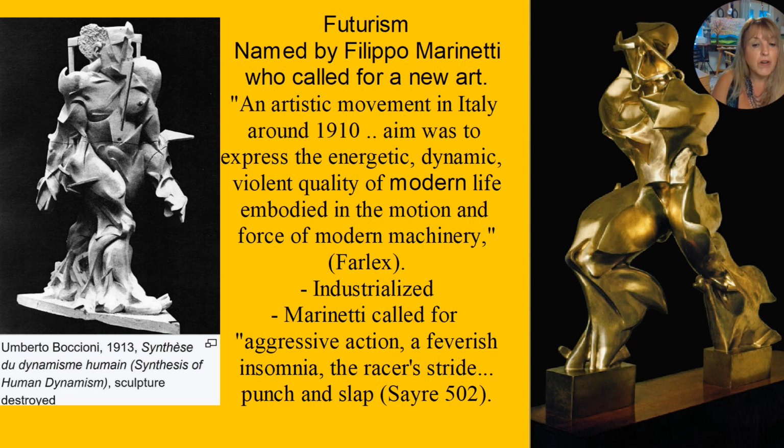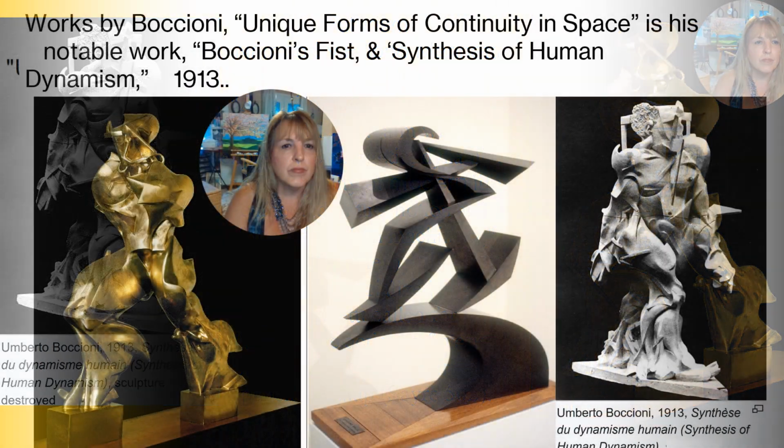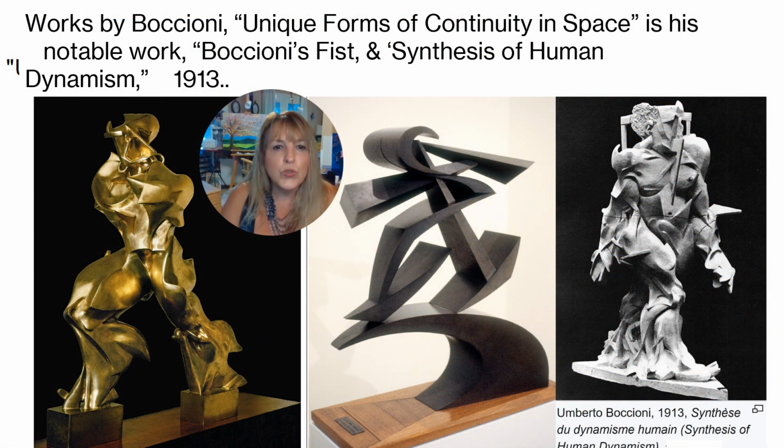And so very industrialized, aggressive action, a feverish insomnia, the racer's stride, punch, and slap. And it tended to be a little bit politicized, and so there was some negativity related to that. So Unique Forms of Continuity in Space is his notable work, and it's shown right there.